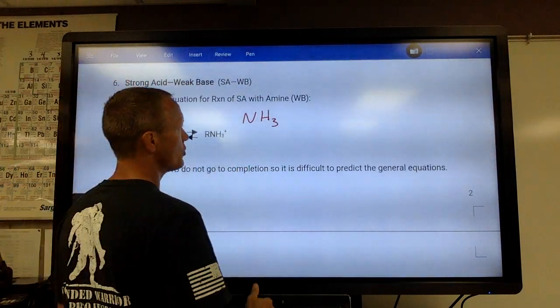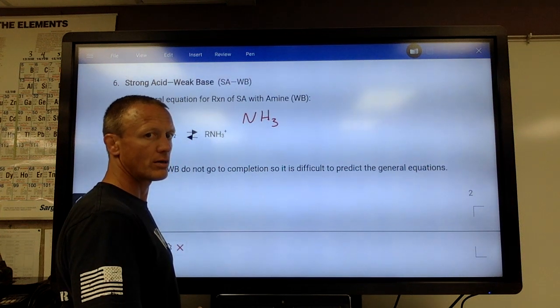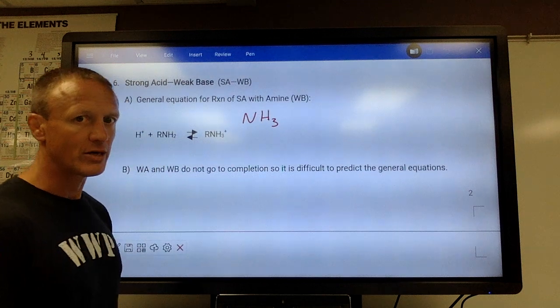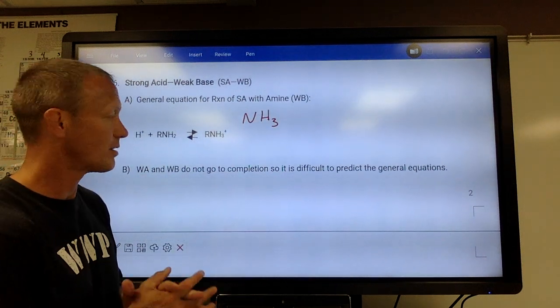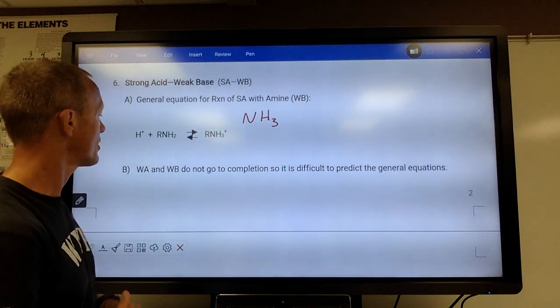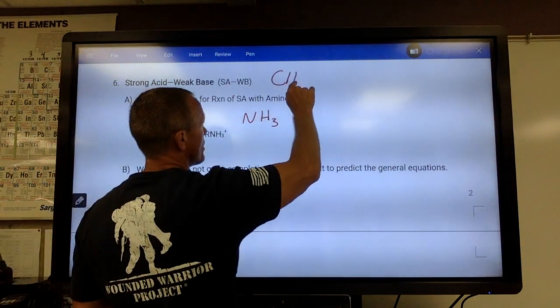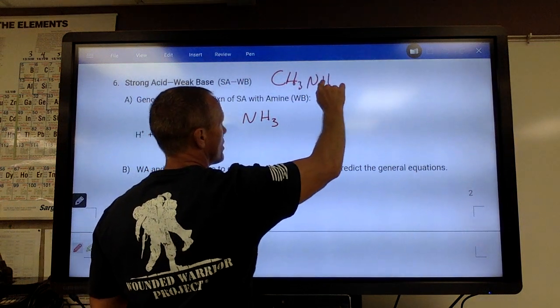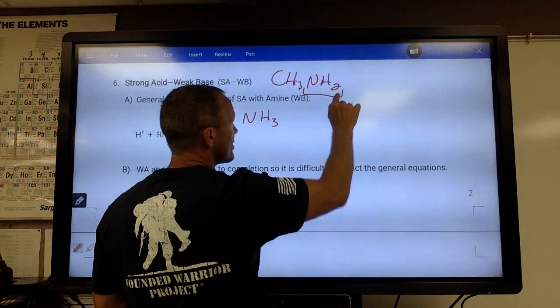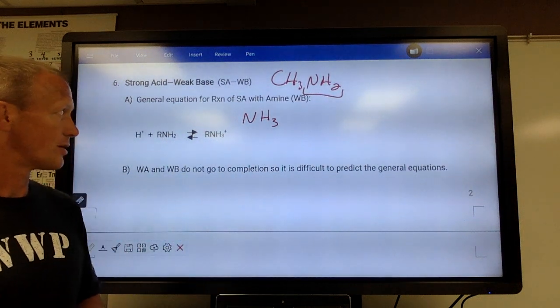It has the ability to take a hydrogen, which makes it a base. So anytime you see something with NH in it, so you might see that, or you might see that, if you see this NH group in there, that thing is a base. It has the ability to gain a hydrogen.